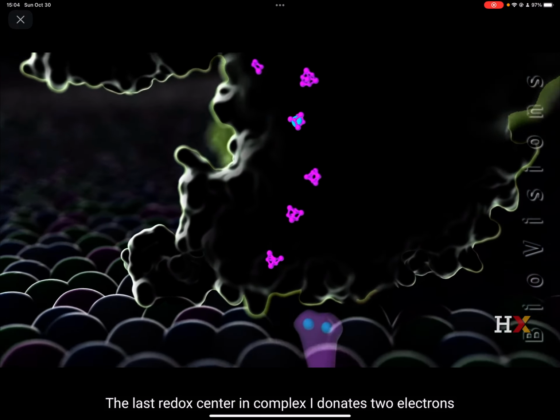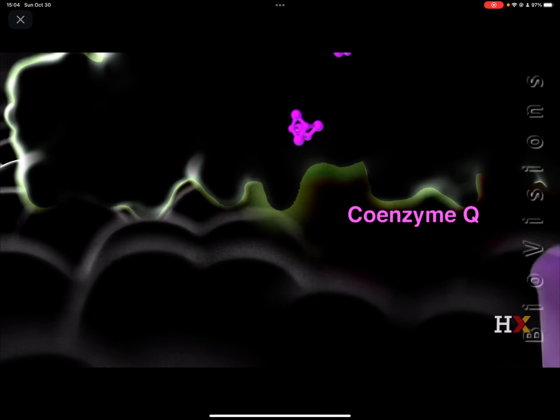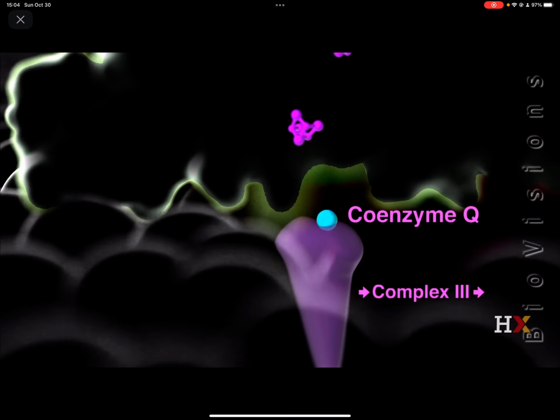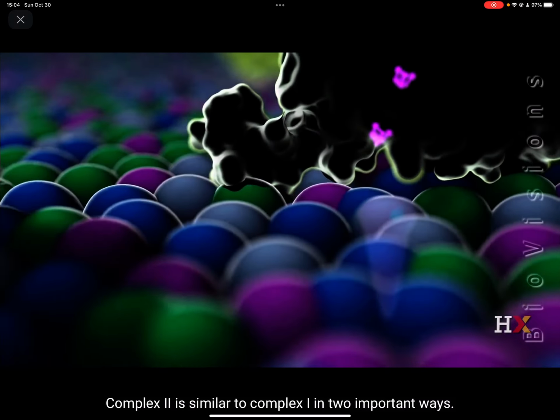So the last redox center in complex 1 will donate the 2 electrons to coenzyme Q. And that will take those 2 electrons through complex 2 to complex 3.